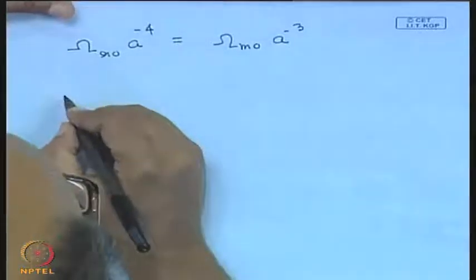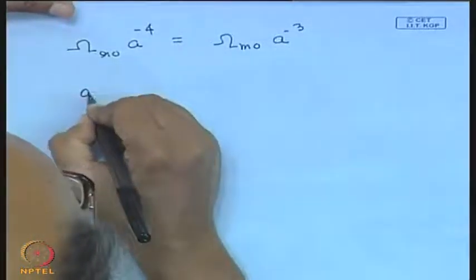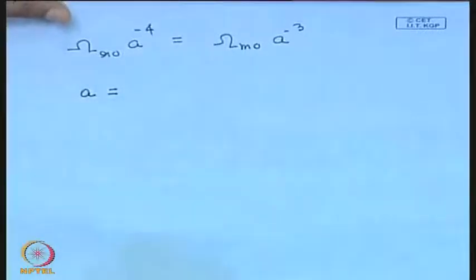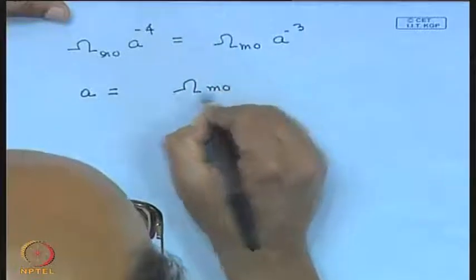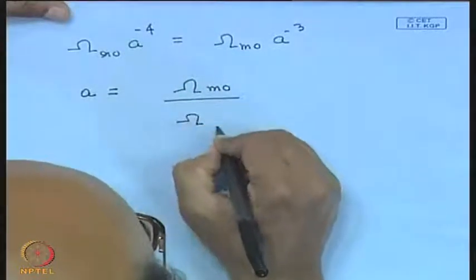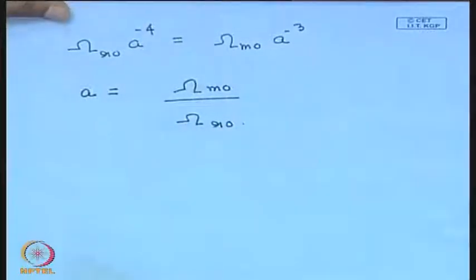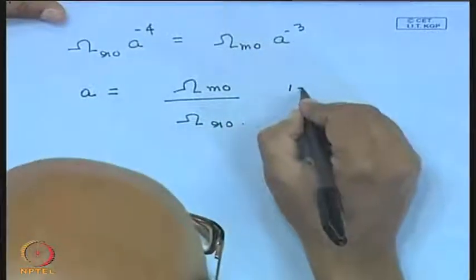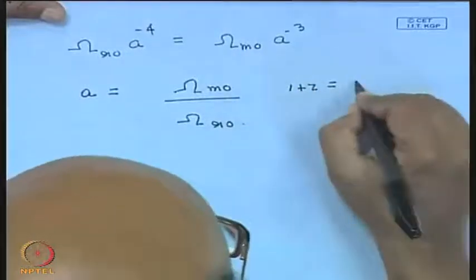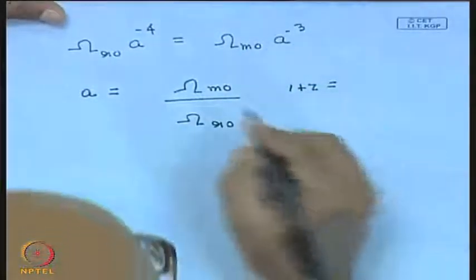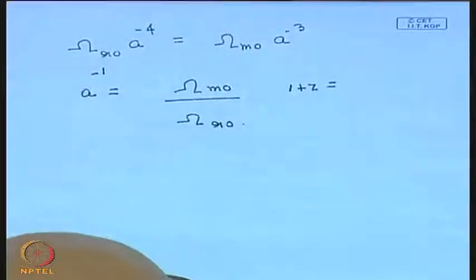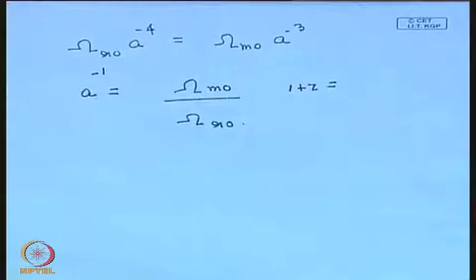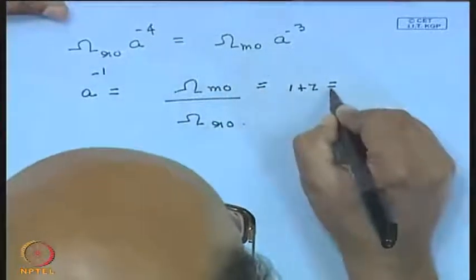or a is equal to, or 1 plus z, sorry, other way around, which is also equal to 1 plus z.